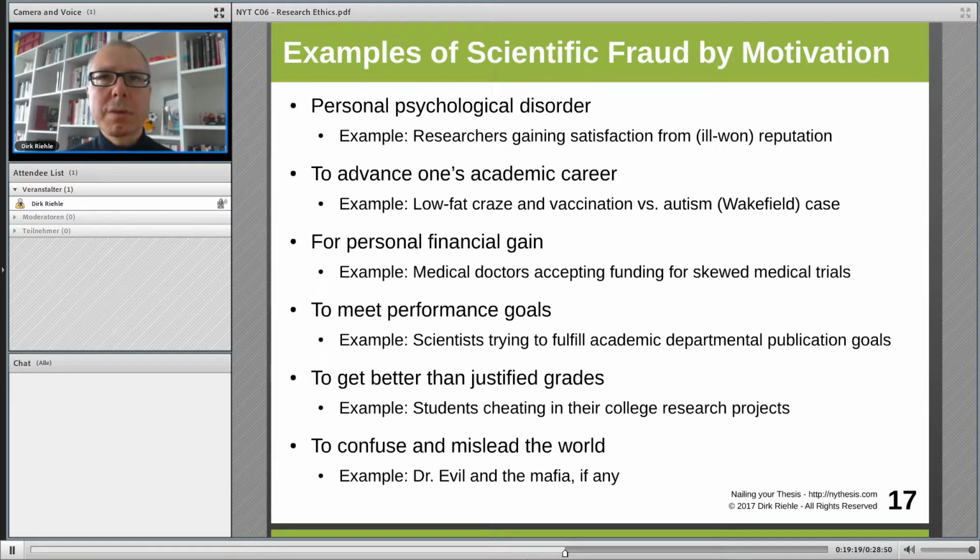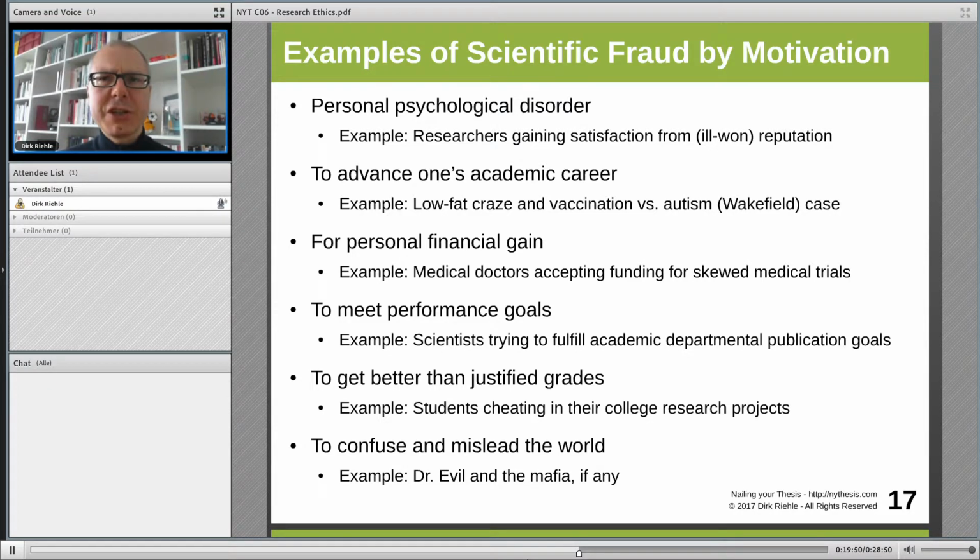And so this is a consequence of some dean being pushed to lead a world-class department, and the way they try to achieve that is to push hard on performance goals, on the researchers, on the professors to publish such and such many publications in a given year. Well, students might be motivated to cheat in order to get a better grade, cheat on a research project. Of course, we hope you don't, or our students, of course, don't.